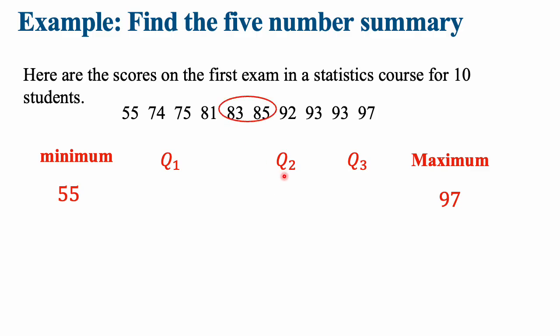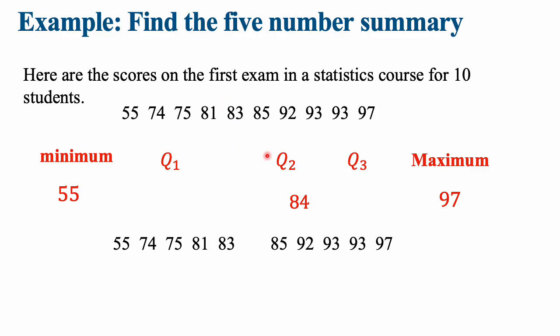So how do we find the median Q2? The average of 83 and 85, right? So 83 plus 85 divided by 2 is 84. You put the median here between 83 and 85. That's the median.